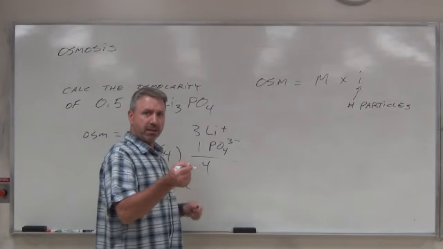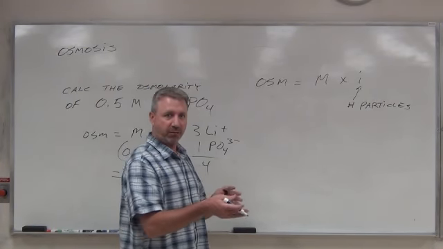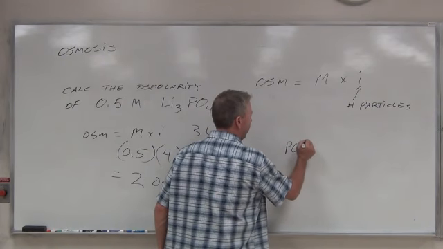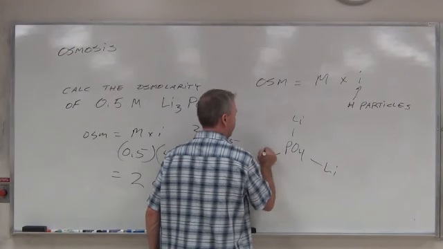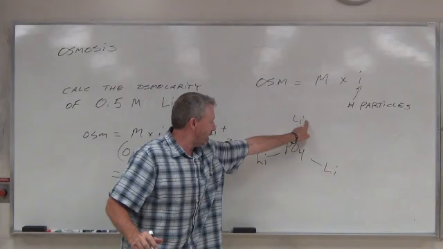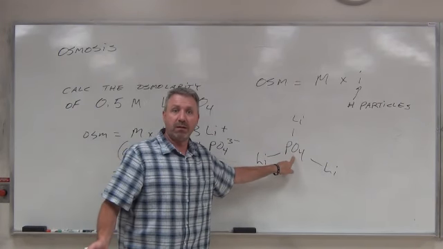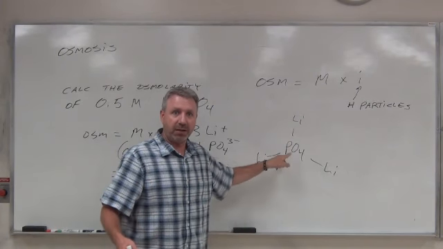Well, let's imagine that this is what the lithium phosphate looks like in a crystal form, okay? It doesn't, but let's imagine that we have the phosphate here, and then you have these lithiums hanging off: Li3PO4. And you know why there's 3, because Li is plus 1 and PO4 is 3 minus. So you need 3 lithiums to make a neutral.